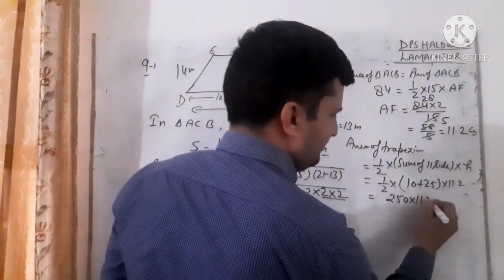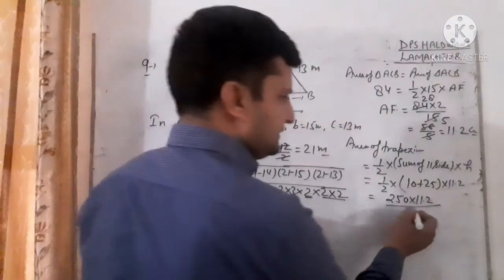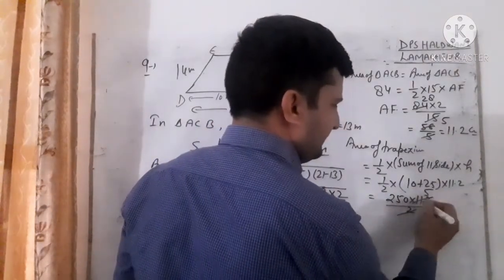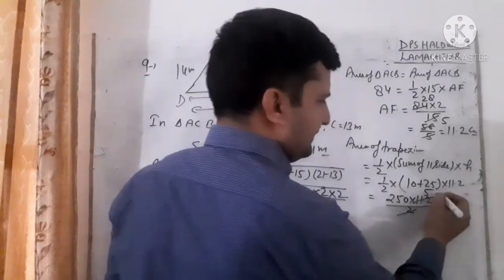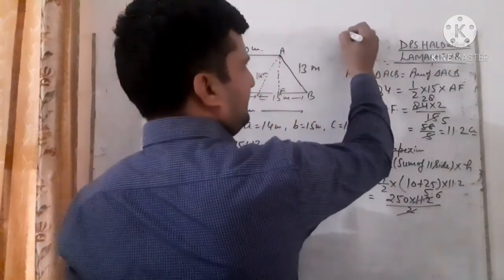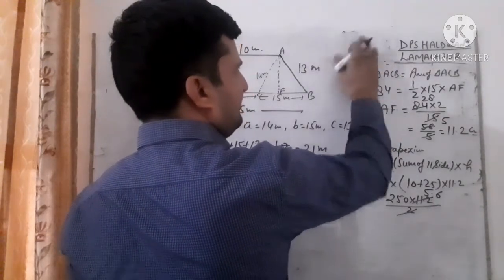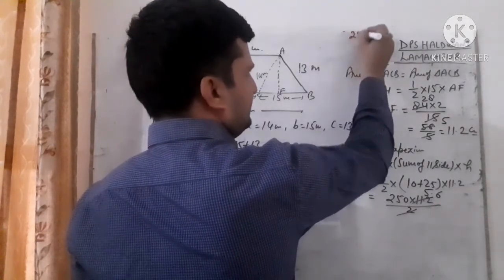into 11.2 upon 2. So it is coming 2 5 is 10, 2 5 is 10 and 2 6 is 12. So student, we have to multiply 25 into 56, we can multiply it easily.